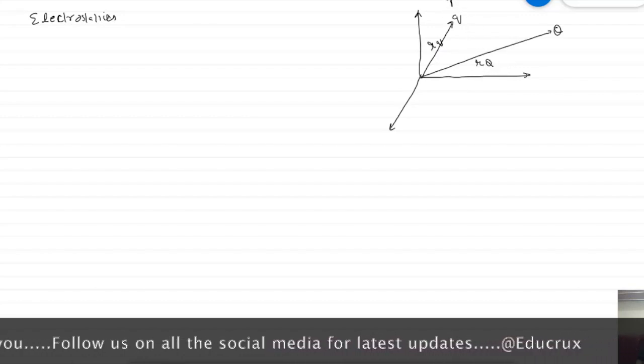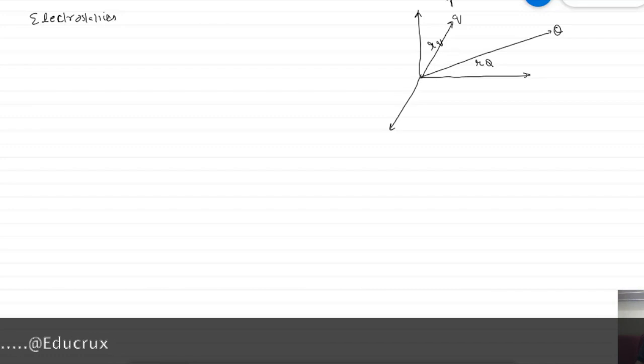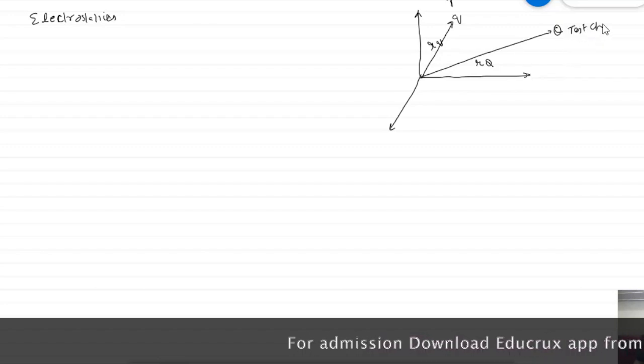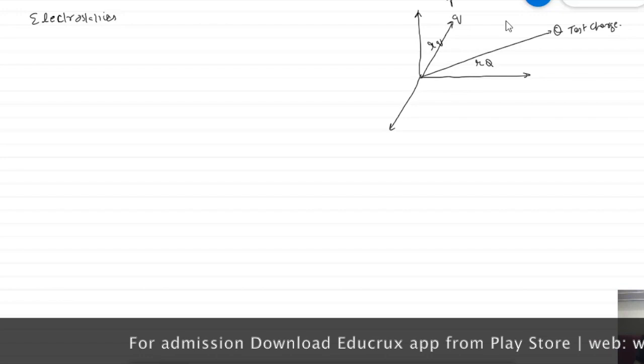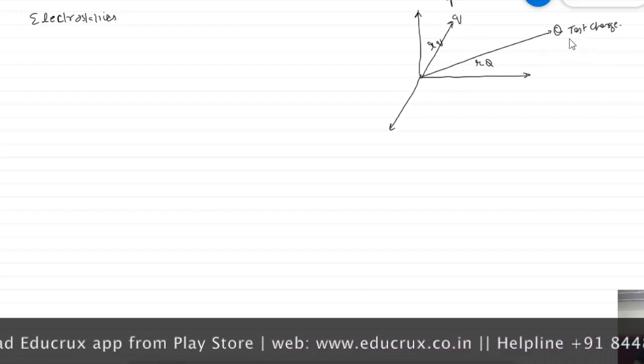So this is my source charge. The meaning of source charge will be cleared when I come to electric field and other things. So this is the test charge. Okay, so this small q is my source charge and capital Q is the test charge.